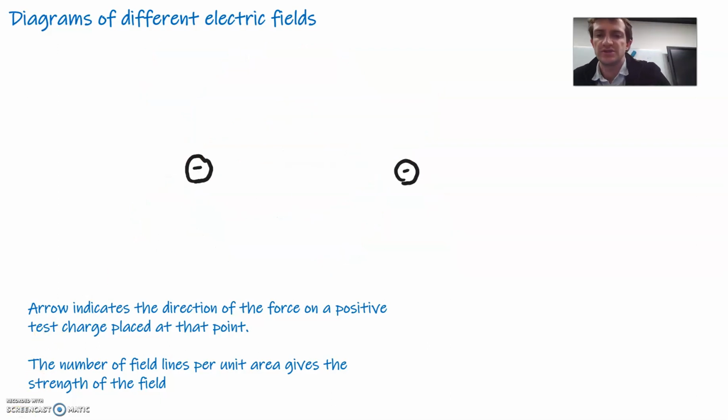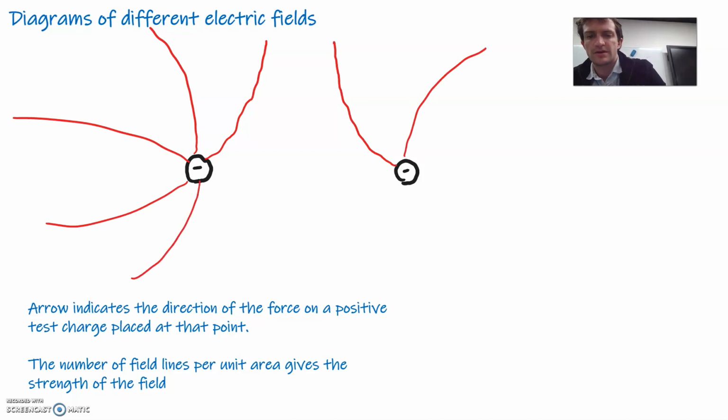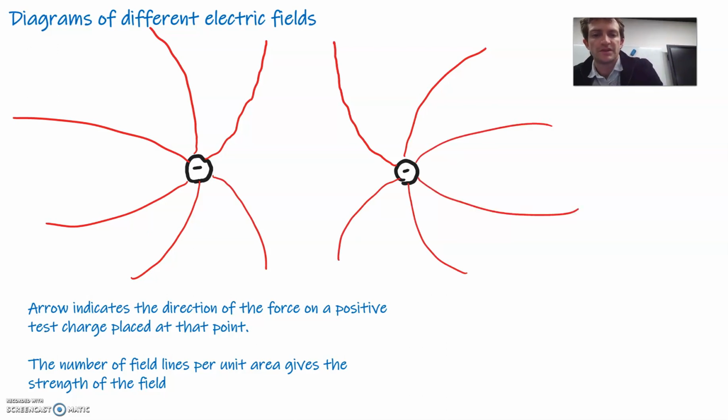If we had two negative charges, we would draw our diagram like this, with our field lines pointing up and away, like that, away, away, away, mirrored all the way around like this. Do the best you can to make it symmetrical, but there we go.